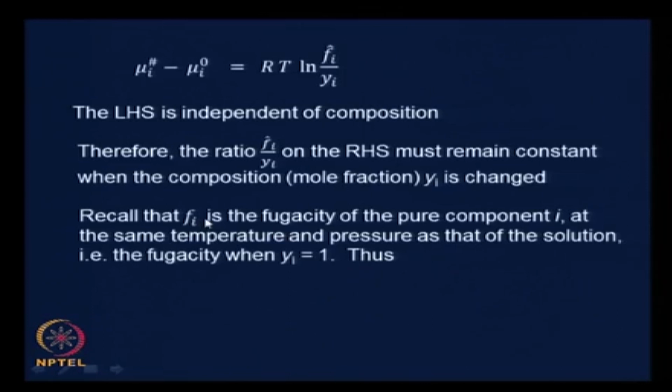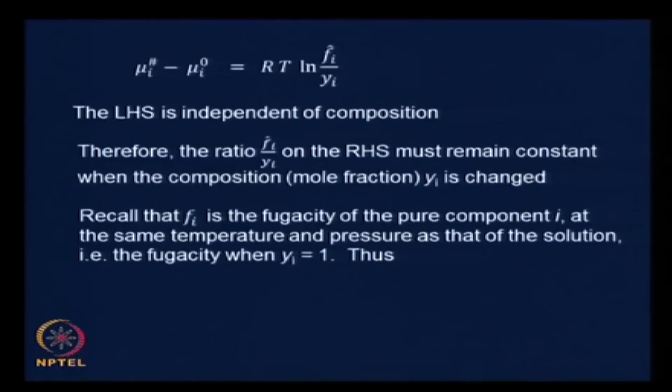Fi is the fugacity of the pure component I at the same temperature and pressure as that of the solution, that we know, or in other words Fi is Fi hat when yi equals 1. Now, Fi is pure component, Fi hat is the fugacity of that component in solution.